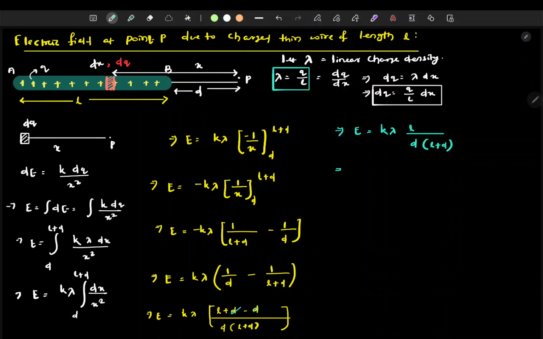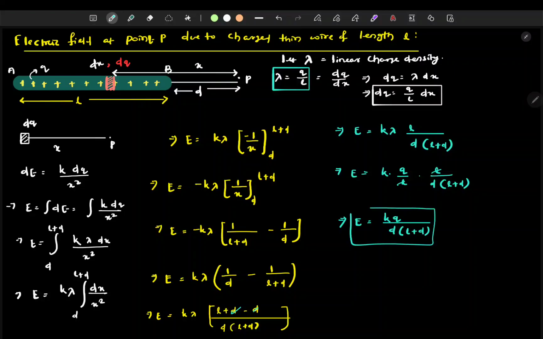Or you may write E is equal to k times Q by L into L by d into L plus d. After cancelling L, the final answer is E is equal to kQ divided by d into L plus d. This is our final answer.